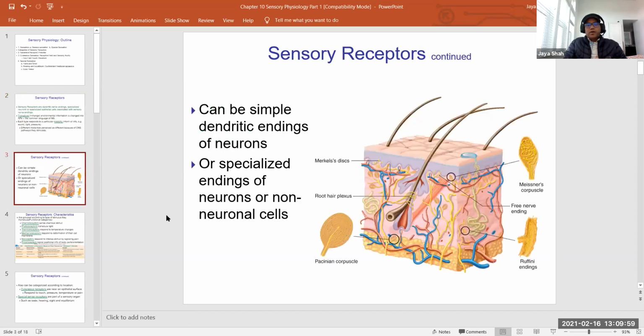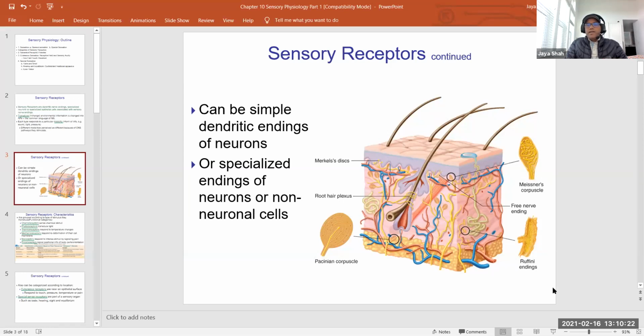So let's see some examples of the receptors here. You see here, these are the nerve endings with some connective tissue attached to them: Merkel discs and Meissner's corpuscles, which are touch receptors. There is a nerve ending, and on the nerve ending you see connective tissue, clear?